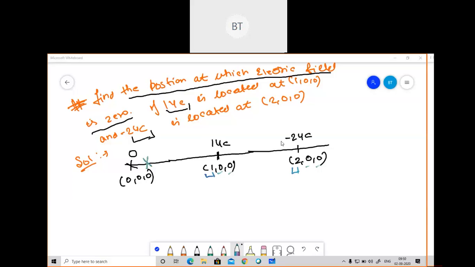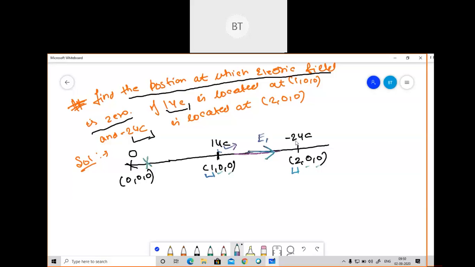So okay, let's see what we can do. First of all, we will see the middle of this position. So this is my 1 microcoulomb. Because of this, the electric field will be away from this, in the outward direction. So I'll consider this E1, this will be E1 for this.